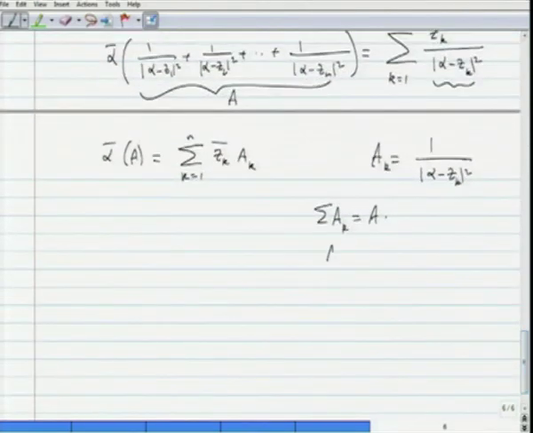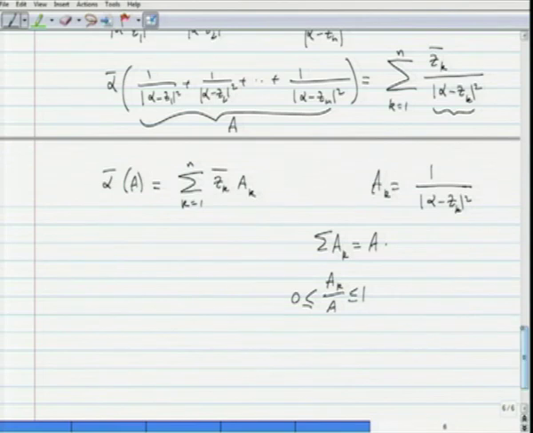And so, ak by a is in between 0 and 1, these are all moduli of complex numbers. So, they are positive or 0, and since the sum of ak is equal to a, ak by a is in between 0 and 1, and sigma ak by a is equal to 1.